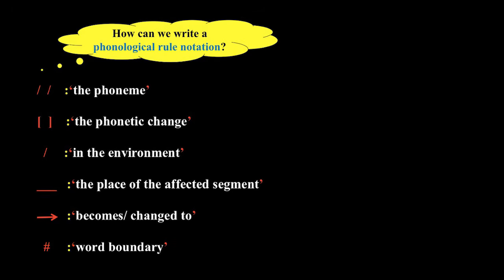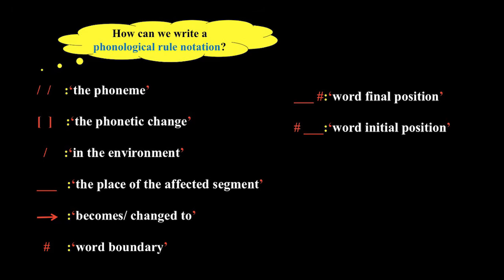And also we use a hashtag to refer to a word boundary. If that hashtag is following the dash or the environment, it signifies that we are talking about a word final position. But if that hashtag is before the environment or before the dash, that signifies that we are talking about a word initial position at the beginning of a word.